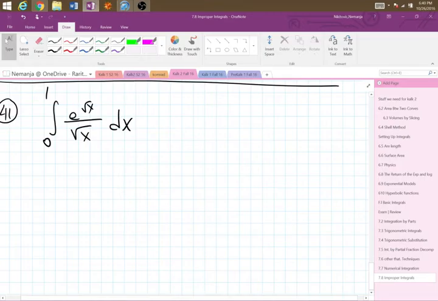One second. You make u a square root. I just rewrote it as x to the 1/2, so when you do the derivative, it becomes x to the negative 1/2 over 2. Then when you rewrite that, it's equal to 1 over 2 square root of x. Then you have to do something with this 2. Do you just move it out or do you divide it? That's why I'm confused.